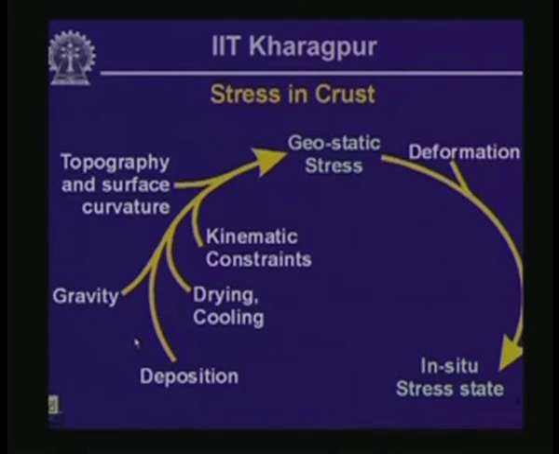So, what are the factors, to sum up, that give rise to a set of in situ stress? First of all is deposition, then action of gravity, then drying or cooling.